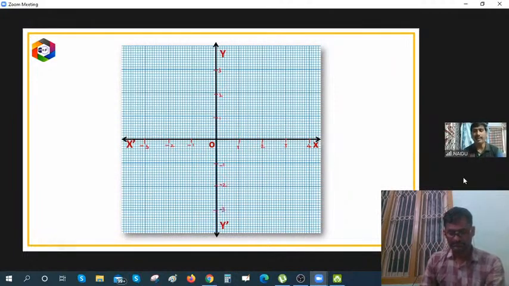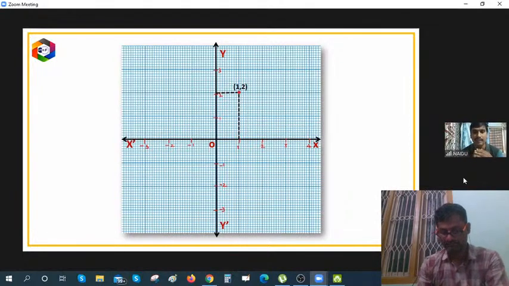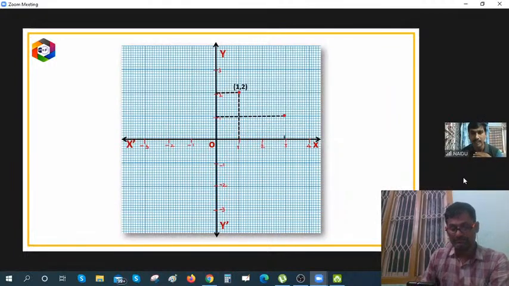Let us observe. I'm going to take one point first. Here is a point. How do we name that point? It is 1 unit away from the y-axis and 2 units away from the x-axis, so it is denoted by (1, 2). Another point is 3 units away from the y-axis and 1 unit from the x-axis, which we name (3, 1).